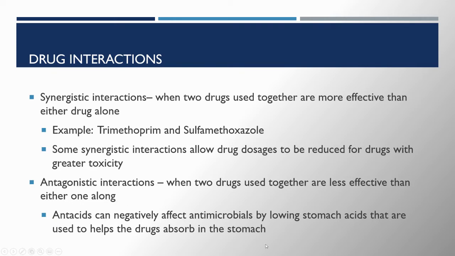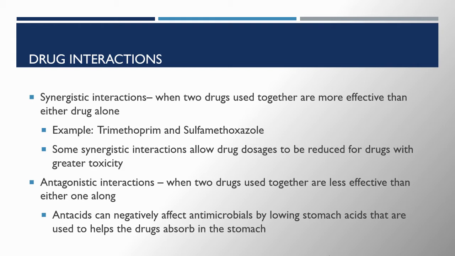I also have to be careful about antagonistic interactions, when two drugs are used together, or a drug is prescribed while the patient's also taking some other drug, where they are less effective than one drug alone. An example of an antagonistic interaction is that taking antacids can negatively affect a lot of antimicrobials by raising the pH in the stomach, lowering the acidity.